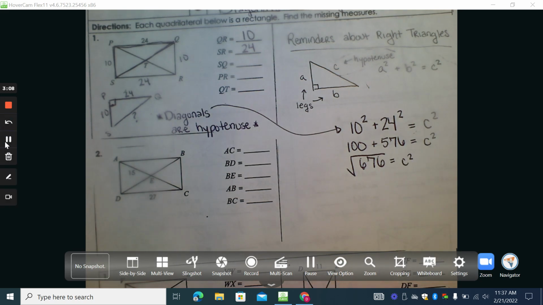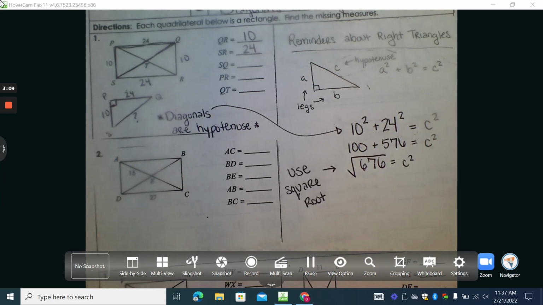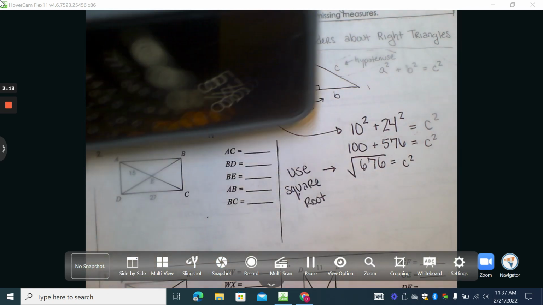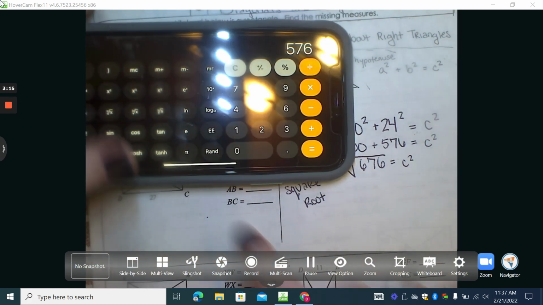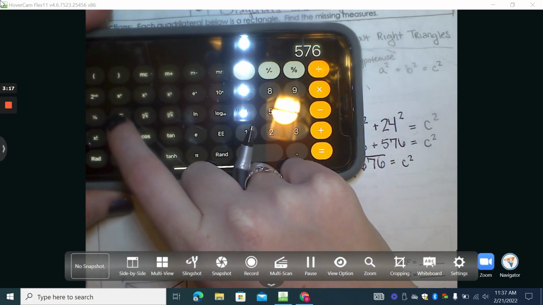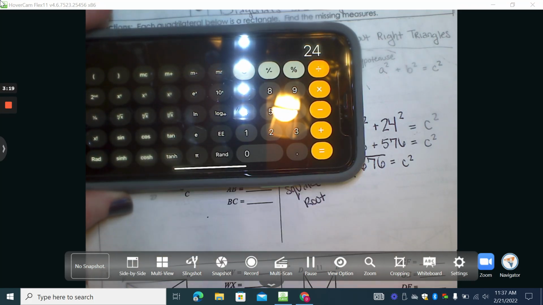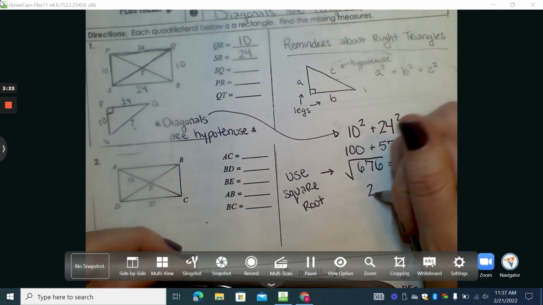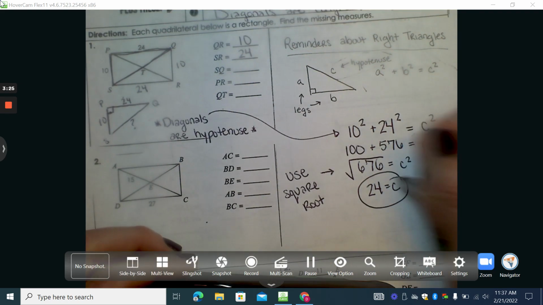We're going to use that square root button, which on your phone calculator, we got to turn it to the side and click on this square root button. It says 24.